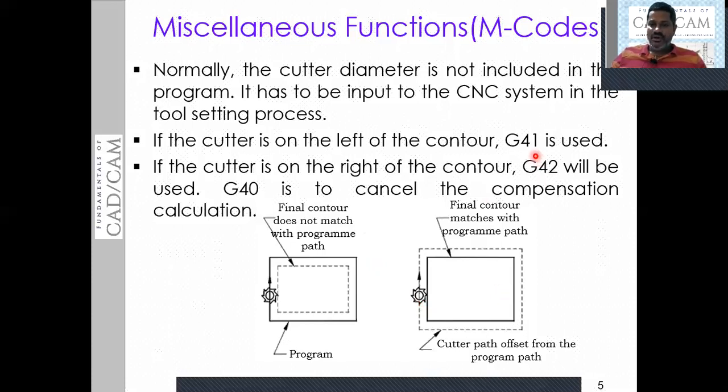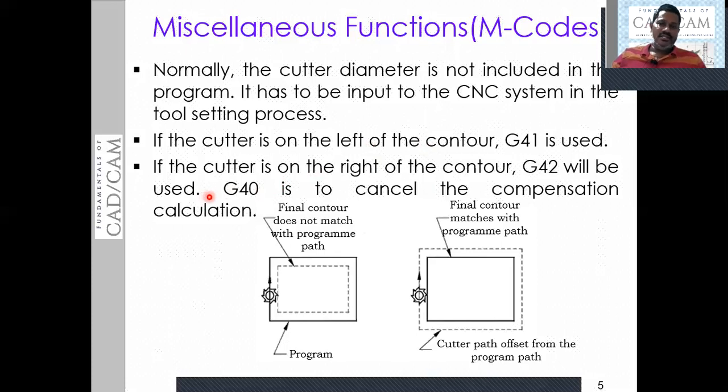You can use G41 or G42. G41 is used whenever you want to cut with the tool on the left side of the block, and if you want to machine the component from the right side, G42 is used. Okay, and this compensation will be active until cancelled. Whenever you don't want compensation, in that case we have to cancel that compensation.